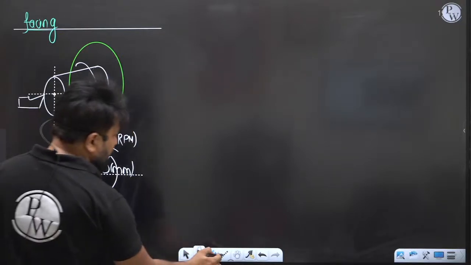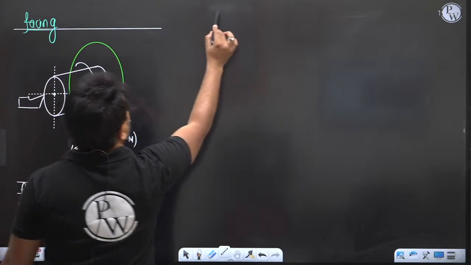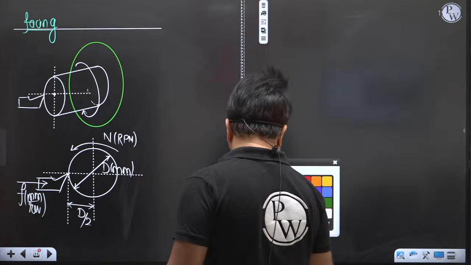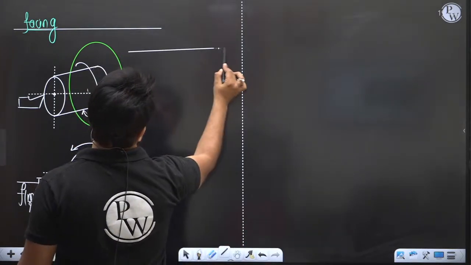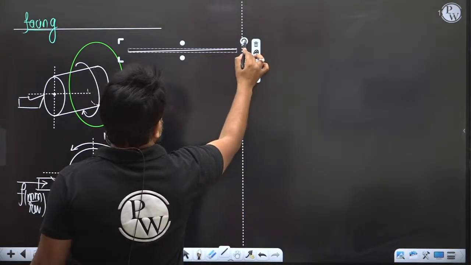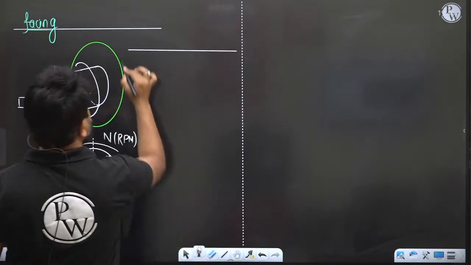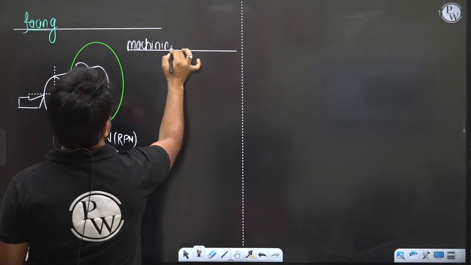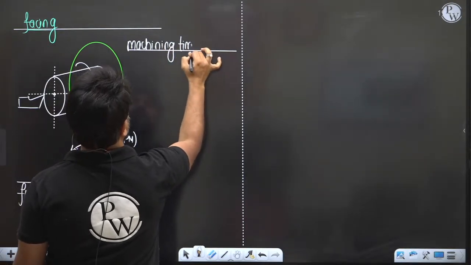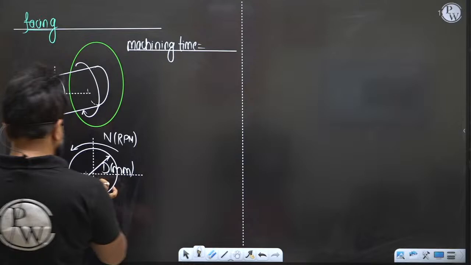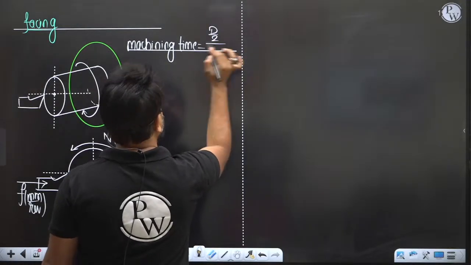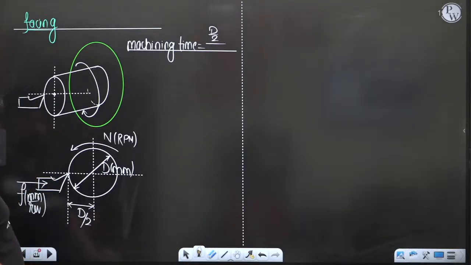And if somebody asks you what the machining time will be, we can find out the machining time. Machining time will be the distance covered, that is d by 2, divided by the tool speed.